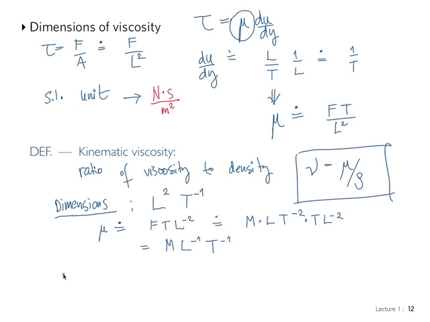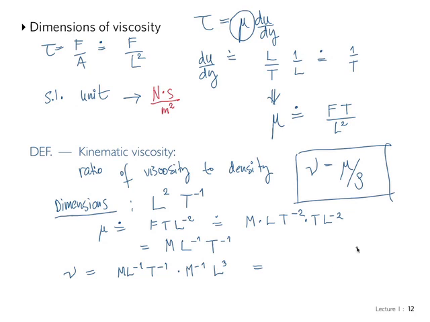Of course, we know what the dimensions of density are: mass divided by volume. So now we divide mass, length to the minus 1, time to the minus 1, by density, which gives mass to the minus 1 and length to the 3. Because density would be mass times length to the minus 3, but it's in the denominator, so we change the signs of the exponents.